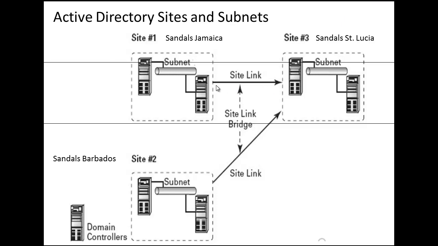So you have a site link between the sites. And you may, for example, have made an arrangement with your internet service provider that you want a certain amount of bandwidth on a domain controller or for a network, and you're going to use that bandwidth to replicate your data to the other domain controllers.